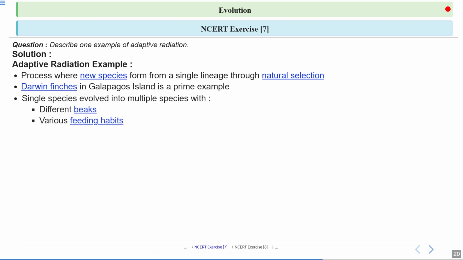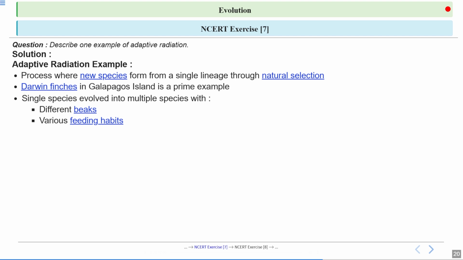The single species evolved into multiple species with different beaks and various feeding habits as well. All of this happened in the Galapagos Islands. All these different species were adapting to different kinds of habitats. A single ancestor species rapidly diversified into multiple new species, each adapted to a different ecological niche. So that's why Darwin finches on the Galapagos Islands serve as a classical example of adaptive radiation.